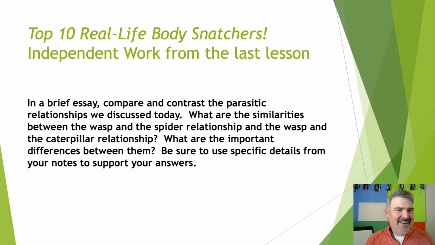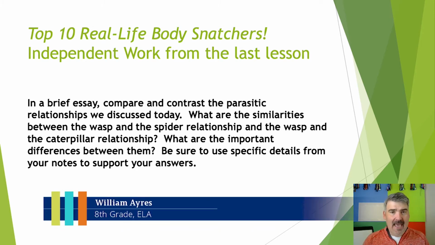All right, how did you do? Does your writing help you remember key details from the previous lesson? I hope you explained the similarities and differences between the two parasitic relationships. You may have used your Venn diagram to explain that something the two relationships had in common was they involved chemicals and laying eggs.